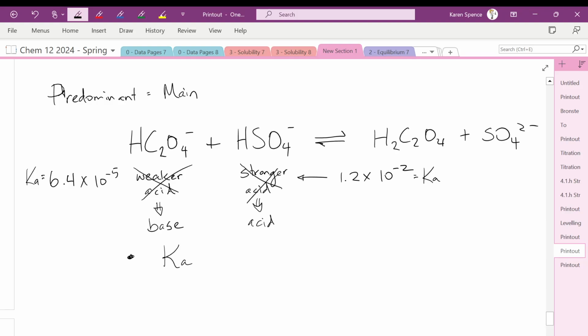Ka of HSO4 minus is, oh, you know what we could do? Let's assume we hadn't written them up there. Okay. 1.2 times 10 to the minus 2.